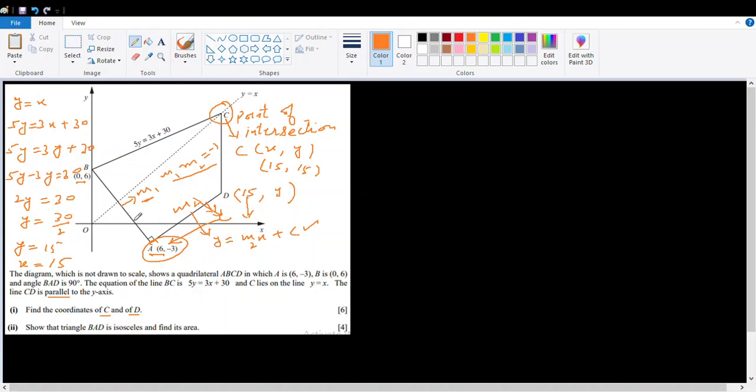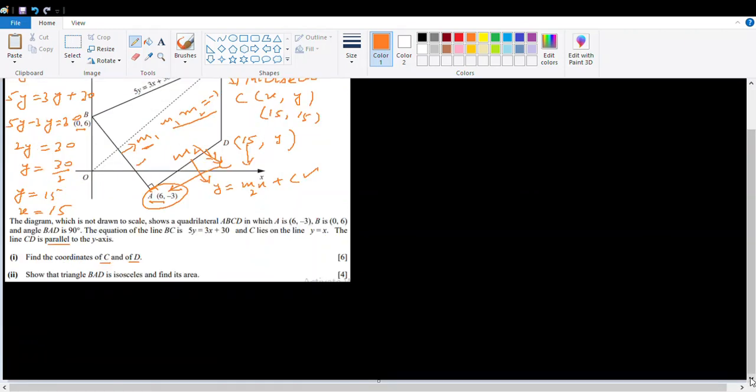Now let's quickly find the gradient of this line, that is m1. The gradient of AB, which I have represented by m1, will be (6 minus 3) over (0 minus 6), so 0 minus 6.